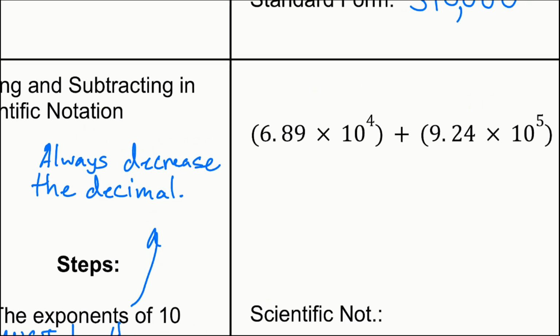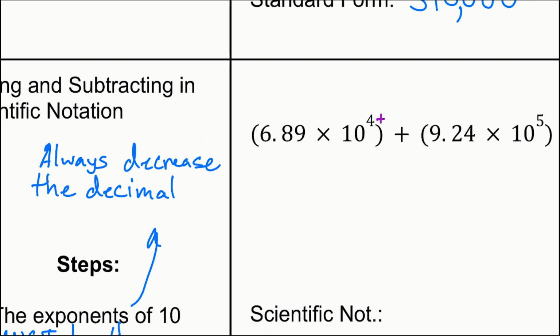What I'm going to do is, well, I should have added more to it, but always decrease the decimal to the smaller one. So we're going to take a look at this 4. I want to get that one even. So what we're going to do is decrease the decimal here, right? Want to move that back 1 because we want this exponent from 4.